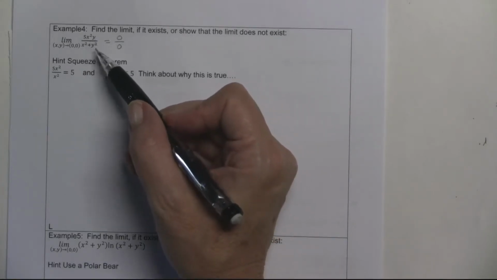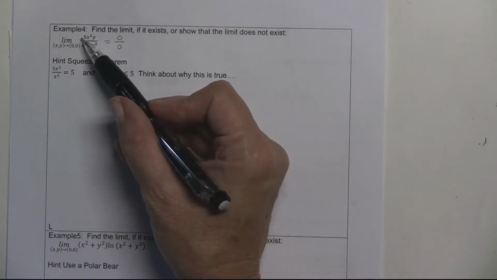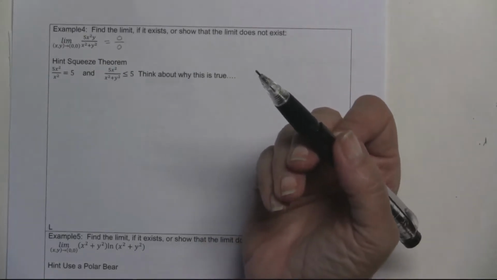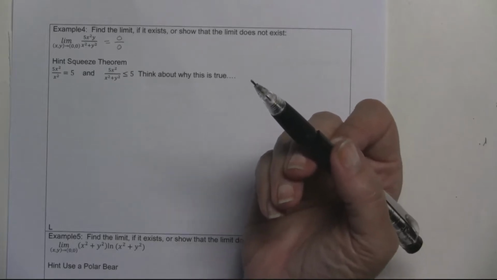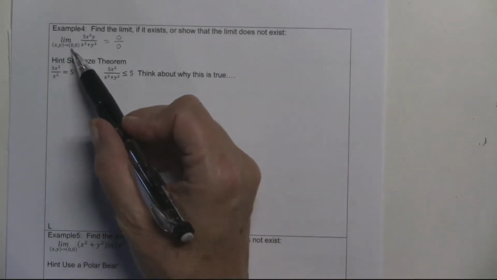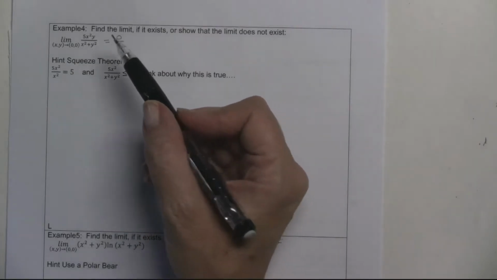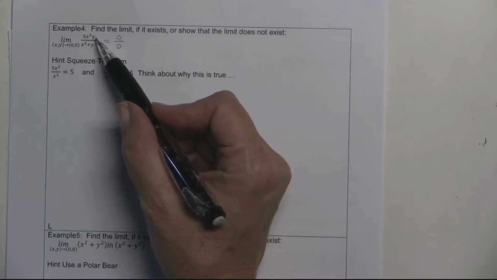If I choose y equals 0, that'll be 0 in the numerator, and I get the limit 0 from that as well. And I could probably choose the path y equals x, because they're going to the same place.